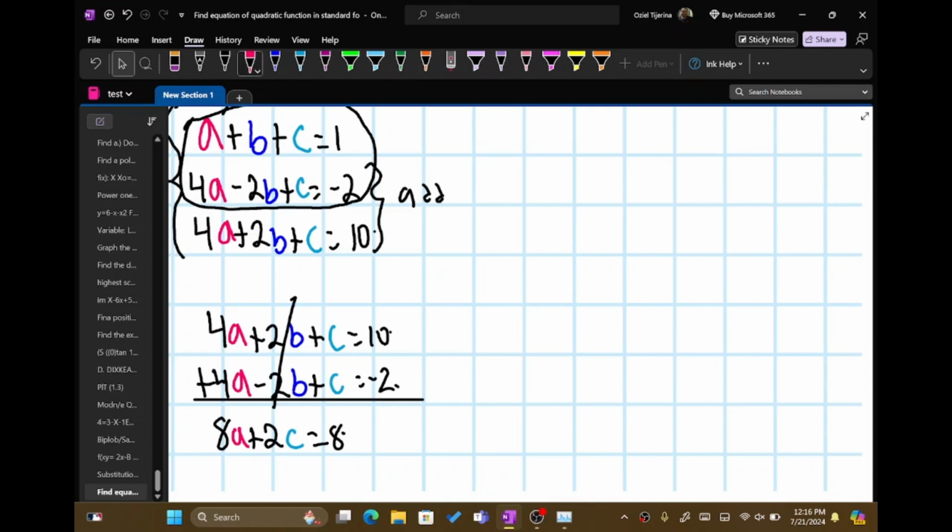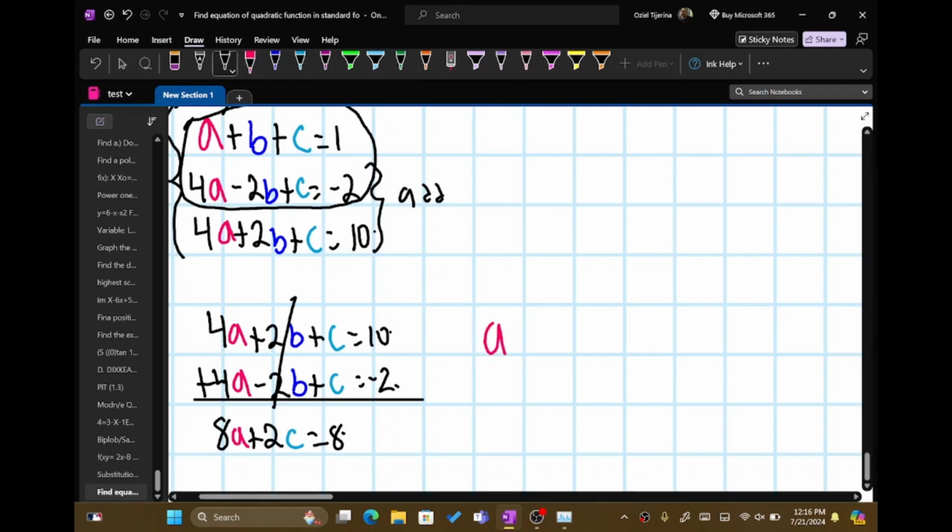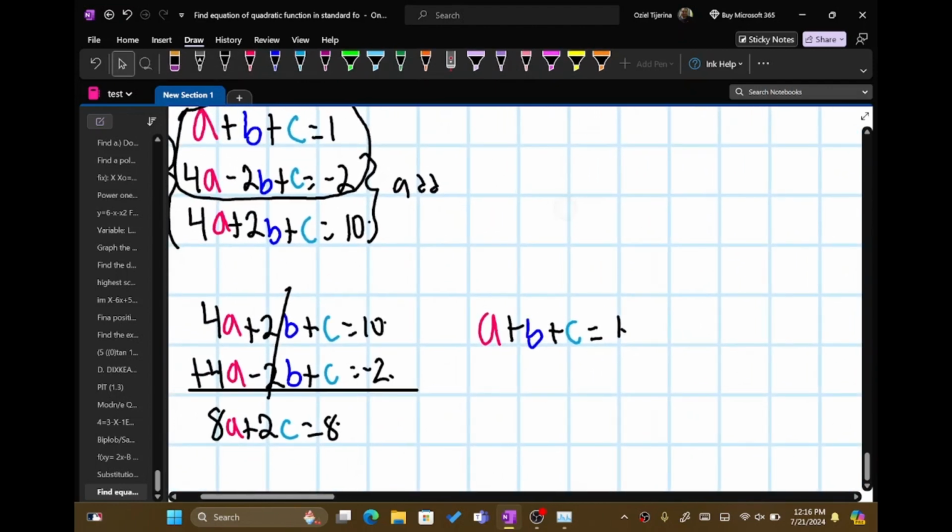So we have a plus b plus c is equal to 1. And then we also have 4a minus 2b and then plus c, right?